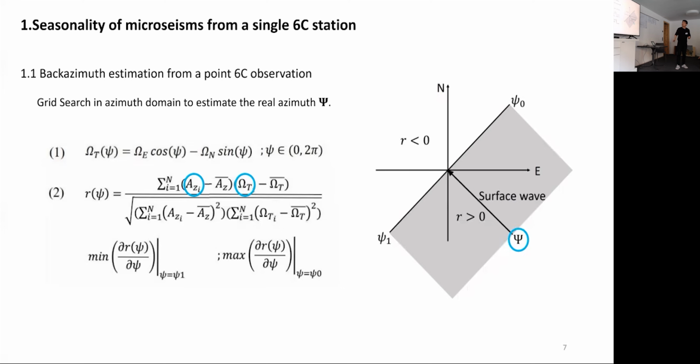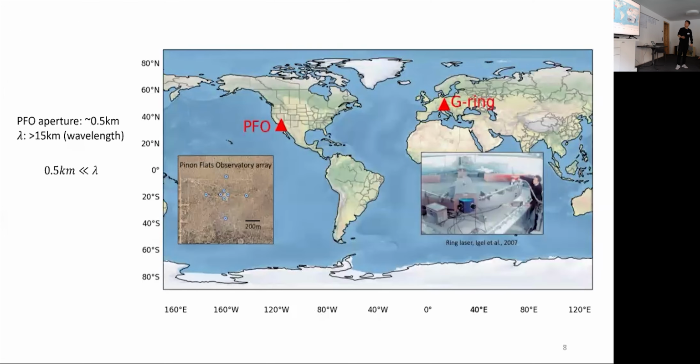We use two seismic stations. The first one is in the Southern California region. In this region, there is no broadband rotational seismometer, so we select a small seismic array with only 500 meters aperture.